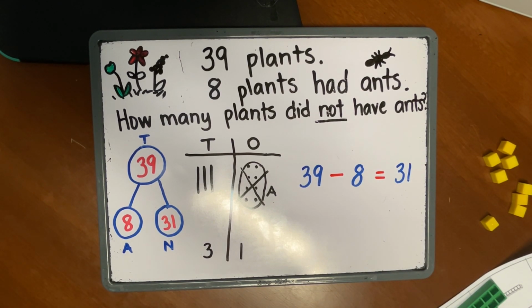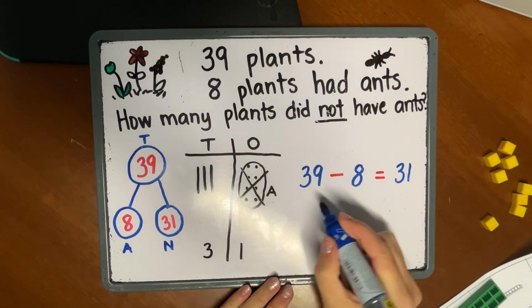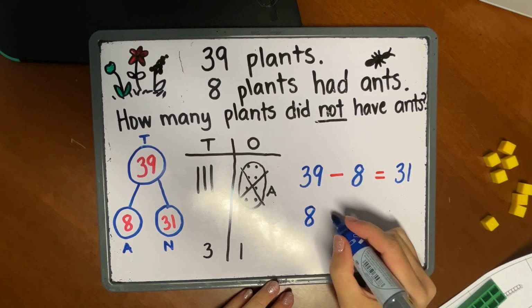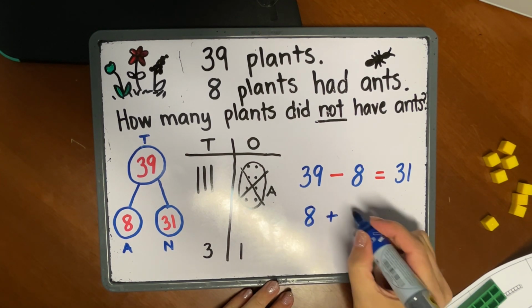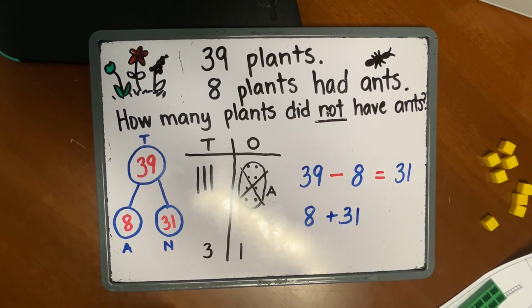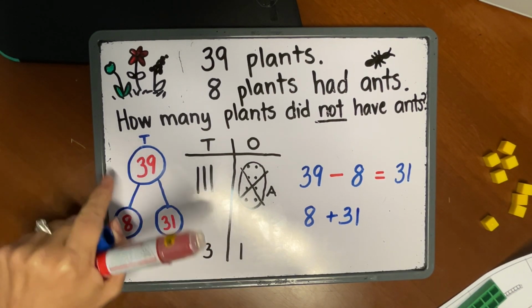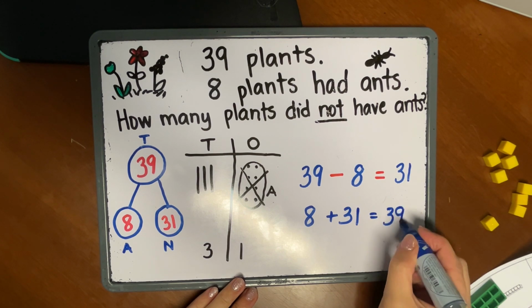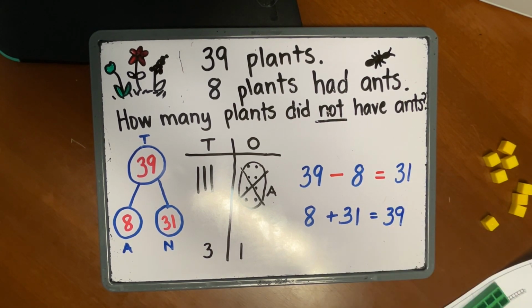I might also turn it around and think, I know that the 8 ant plants and the 31 not ant plants, all together is the same as 39. I can write it 2 ways with numbers and symbols.